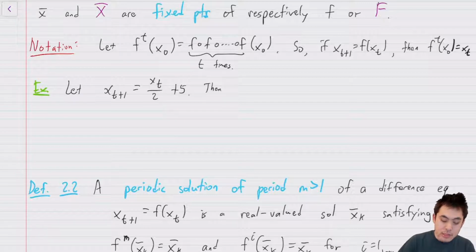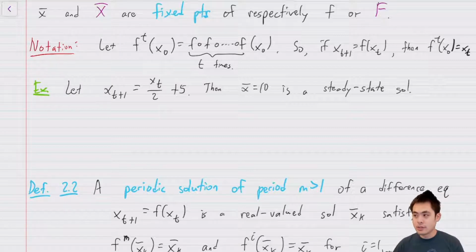Well, then it's pretty easy to check that x bar equal to 10 is a steady state solution, or equilibrium solution. So I'll be using those terms interchangeably in this lecture. Why is that? Well, if you plug 10 in for x sub t, 10 divided by 2 is 5, plus 5 is 10, and so x sub t plus 1 is also 10 if x sub t is 10.